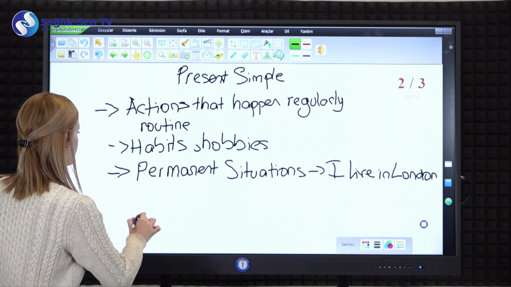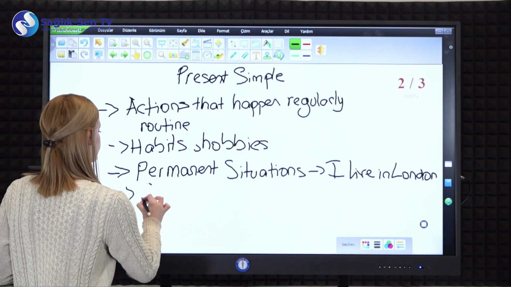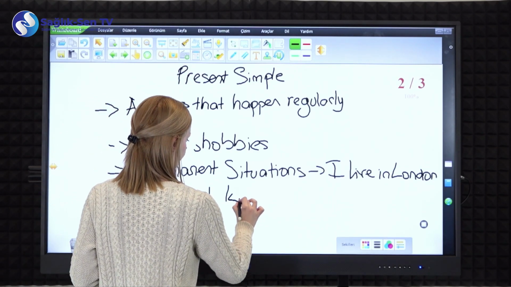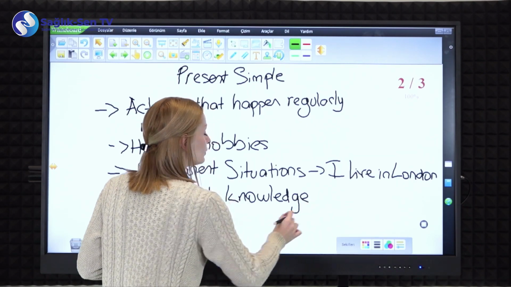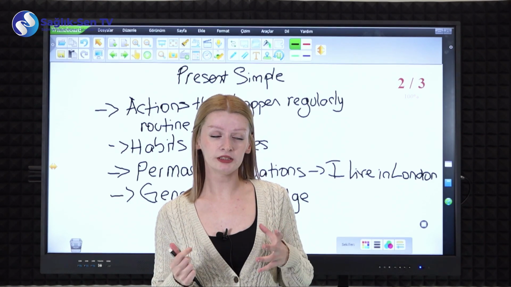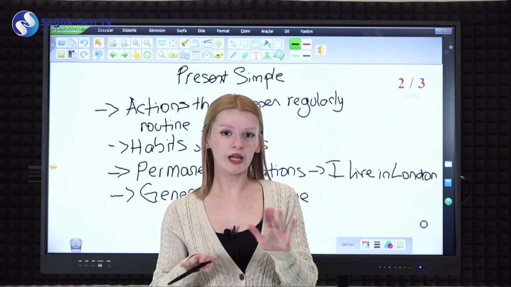There's one more topic that we use this tense. It's general knowledge. We're talking about facts that are proven and known by most of the people. Everyone knows it.